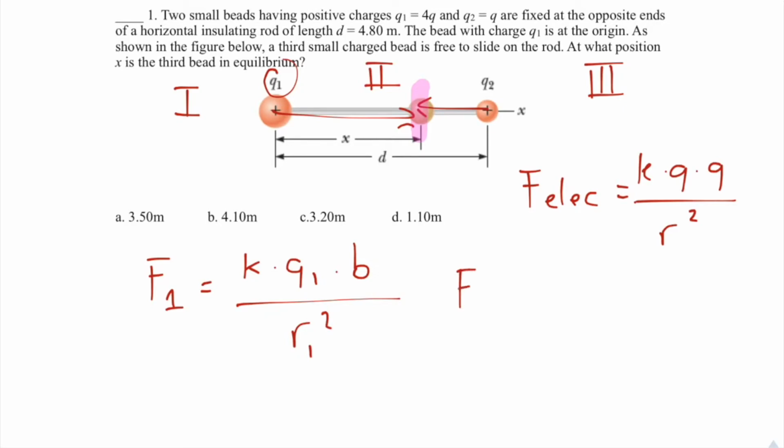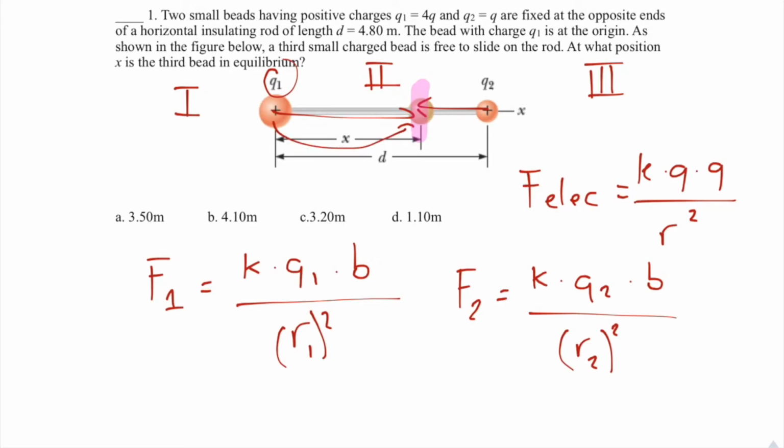And then we've got the second electrostatic force, which is going to be K times Q2 times the bead over R2 squared. And it's important that we call that R2 and we separate that from R1 because they are not the same distance. One is a distance from the origin, like so, and the other is a distance from the second charge, the bead. Now what we need to do, like I mentioned, is have those two forces equal to one another.